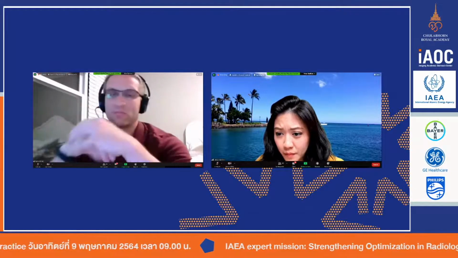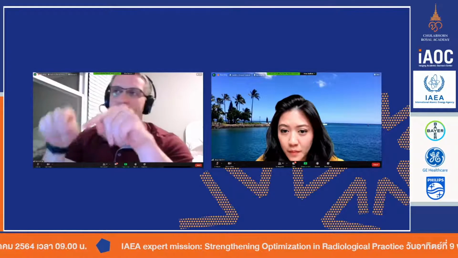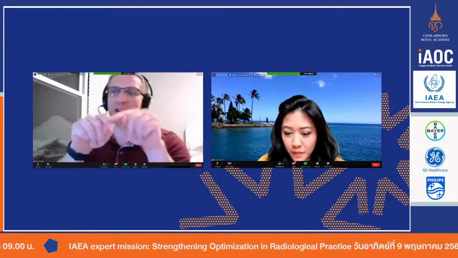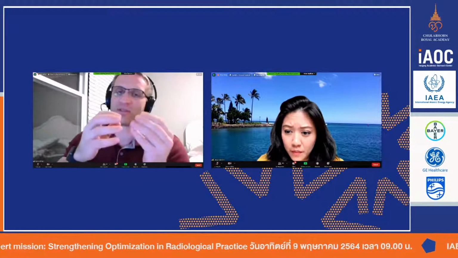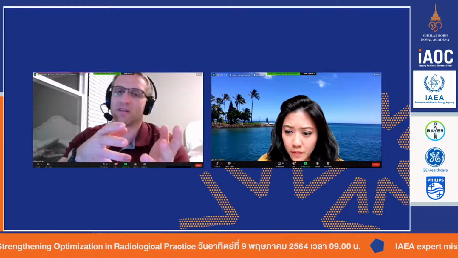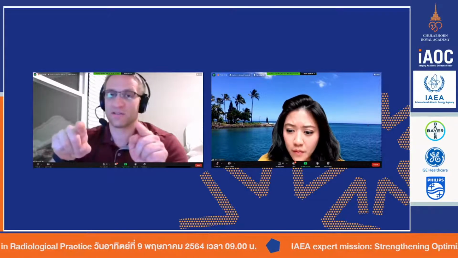So the DICOM structure is the same for every vendor. It depends on how each vendor actually fills that. So that's the one caveat to this. Some may actually tell you what the area is, the field of view size. Others might tell you the row size and the column size.